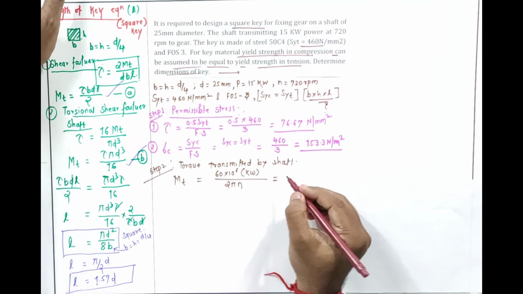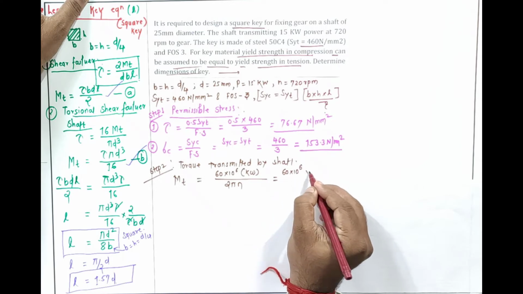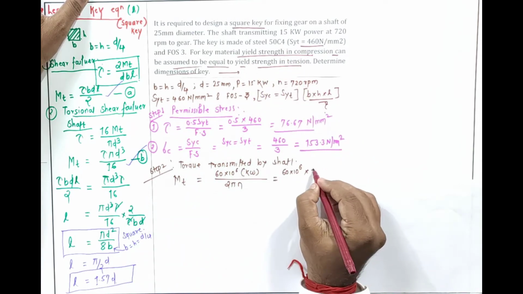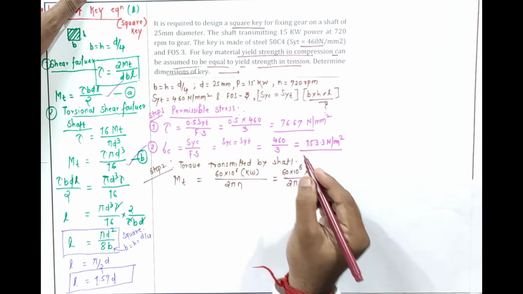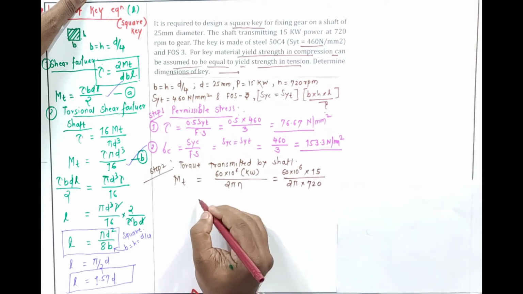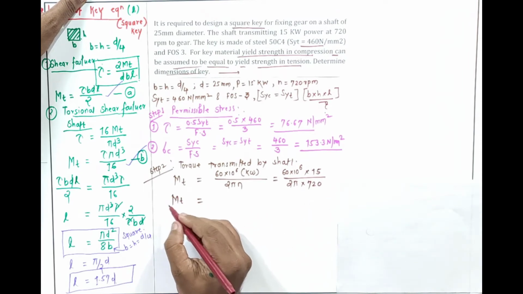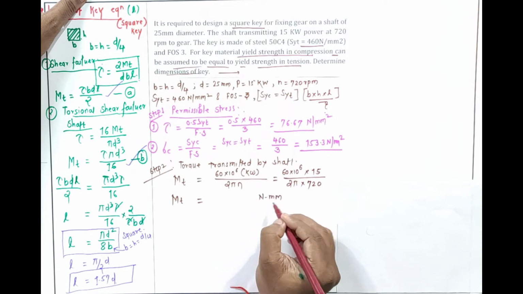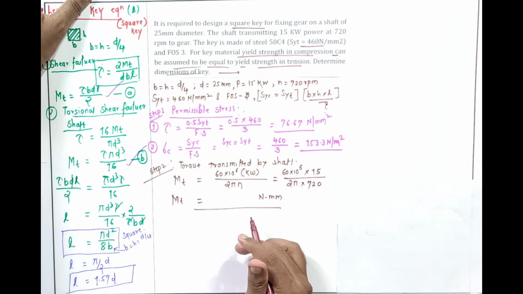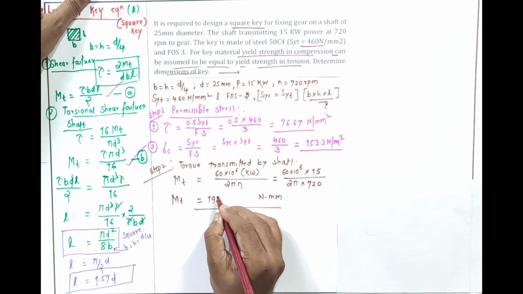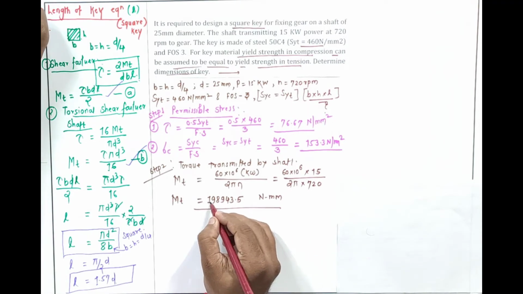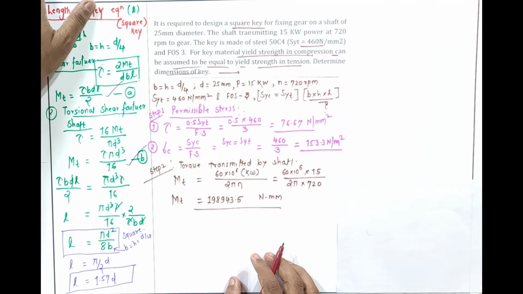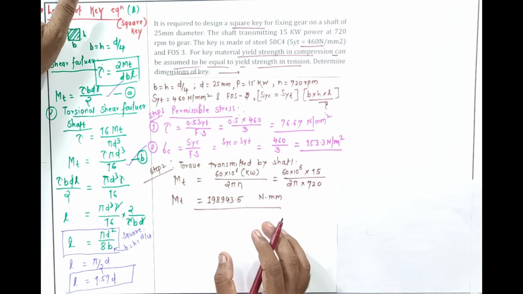Power is given, 15 kilowatt, so 15 divided by 2 pi into n, 720 rpm. By putting this value, calculate from your side, and we get 198,943.5 Newton mm, or I can say around 198 kilonewton mm. That will be the torque.